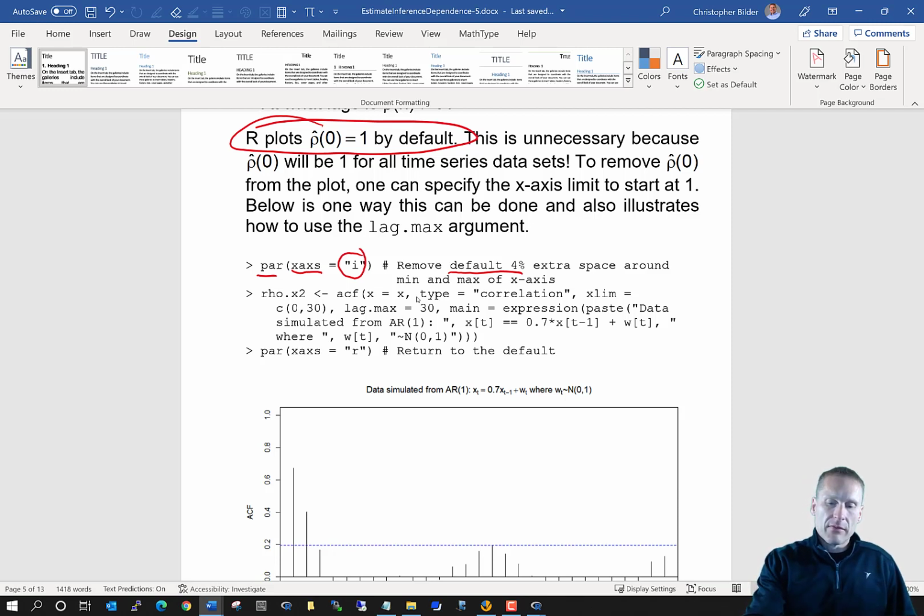Then, also, inside my xlim argument, I can say let's draw from a minimum of 0 up to 30 for that x-axis. And then if you ever wanted to go back to having your x-axis drawn in a regular manner, you can use the par function again and use the argument "r" for a regular manner.